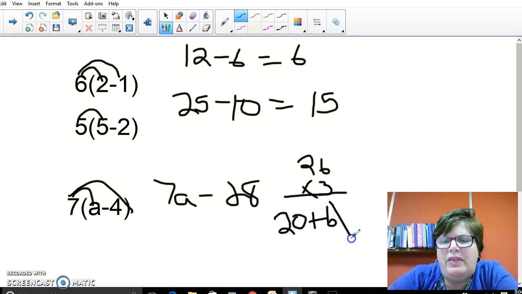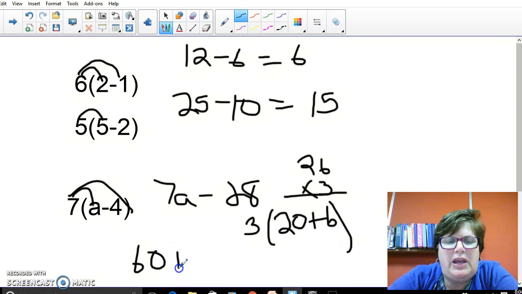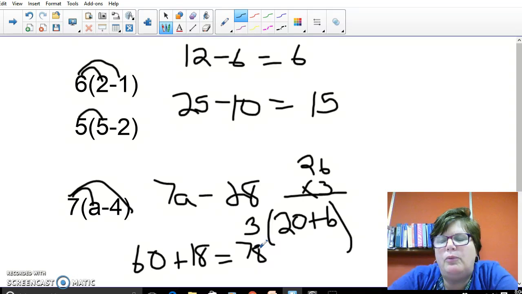And then we're multiplying that times 3. So we can think of this as 3 times 20, which is a little bit easier multiplication, which would give us 60, plus 3 times 6, which would be 18. Adding those together would be 78. So the distributive property can really help you out with mental math problems as well.